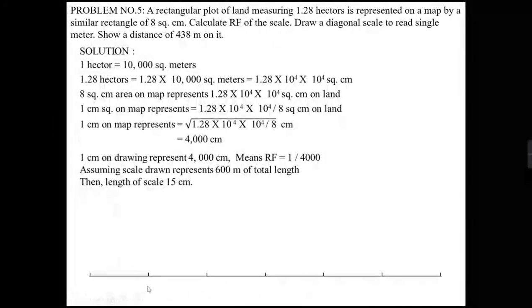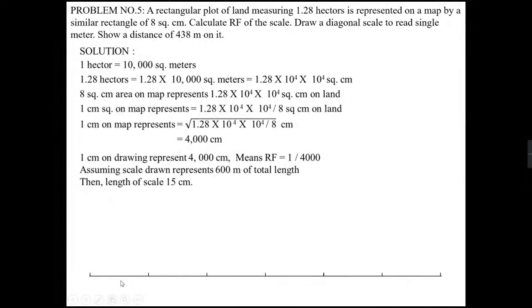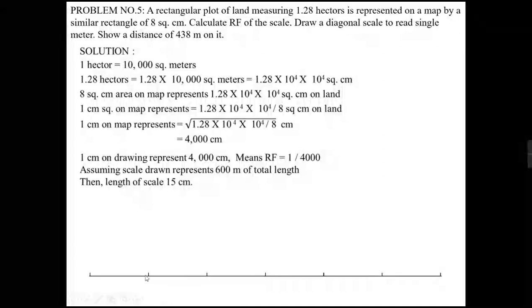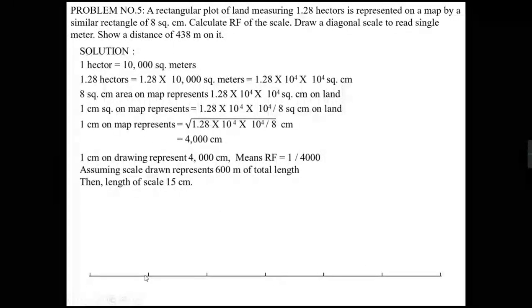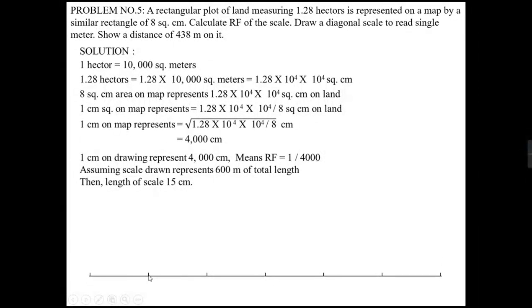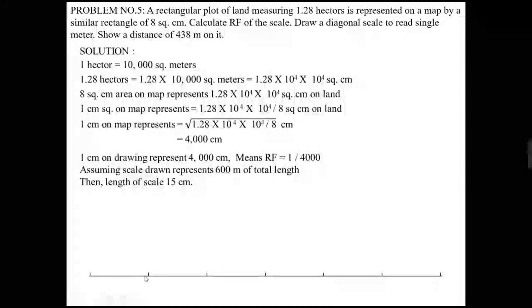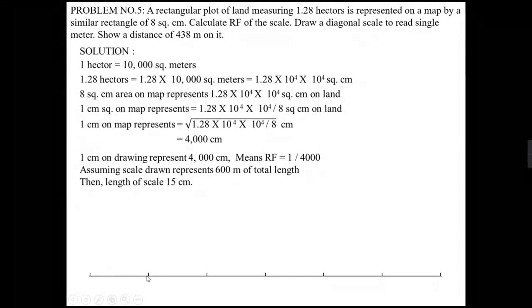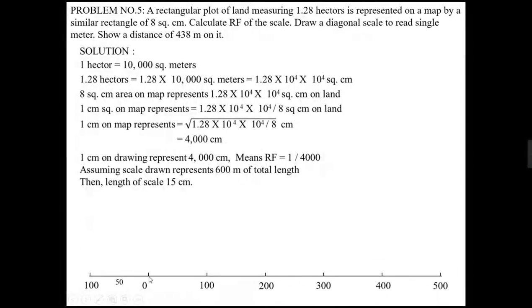Then I will divide this subdivision into 10 equal parts, so that each part will represent 10 meters. Then further, by use of a diagonal scale, I can divide this division of a subdivision into 10 equal parts, so that each part will represent 1 meter.